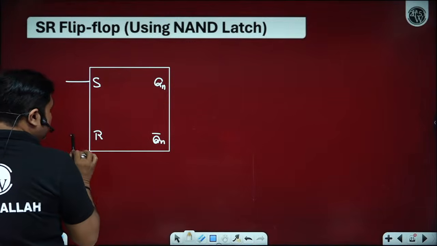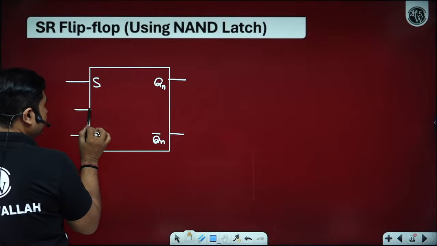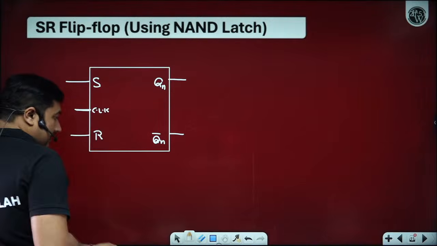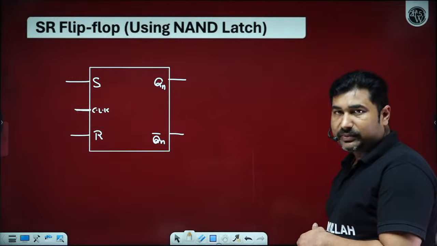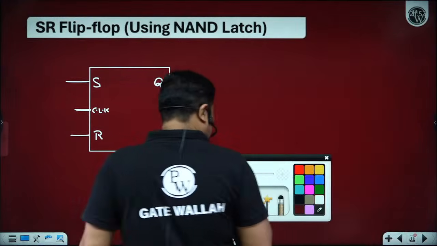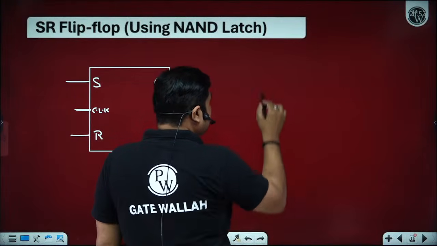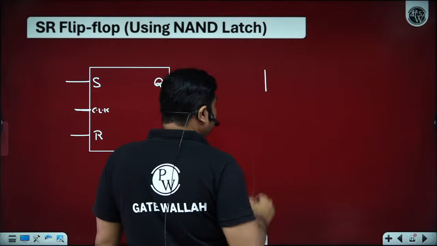Now please observe, I am representing a level triggered clock. So this is your clock. Now please observe, beta ji, the internal circuitry of this SR flip-flop, built using a NAND latch. How would it look?